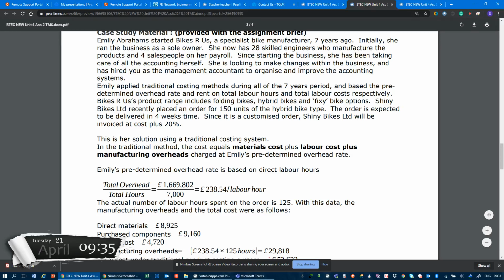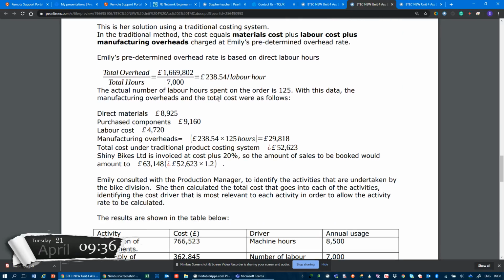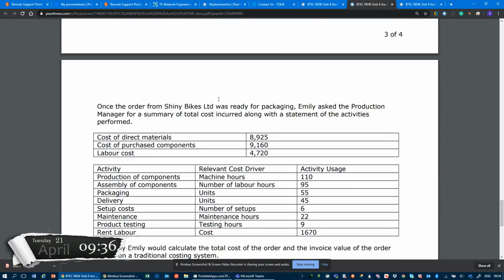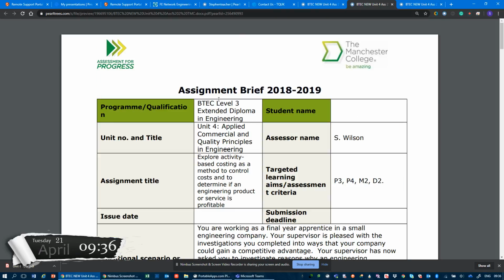So Emily started a bike shop. Started it by herself. Now has 28 members of staff, 4 salespeople. Okay, so that kind of takes us through what you need to do. So we'll come back and have a look at that and unpick that and make a little bit more sense out of it.